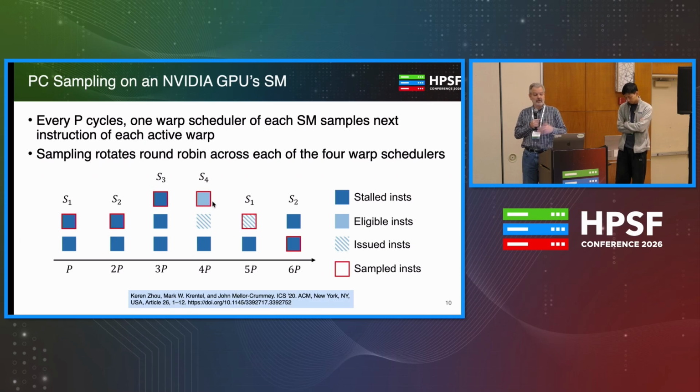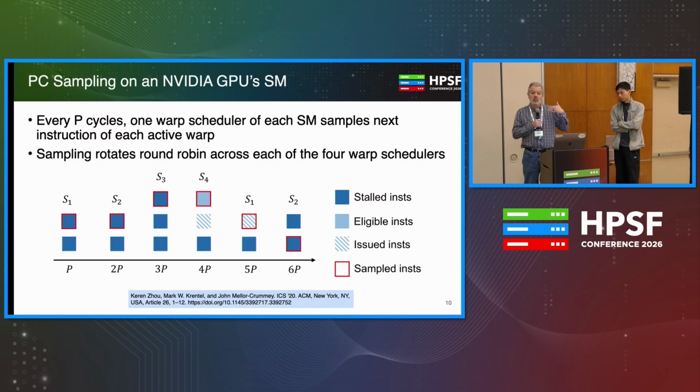The fourth time we sample an instruction, this instruction is ready to run, but it actually wasn't launched because the scheduler launched something else. And that's okay: I have an instruction that was sampled and I can tell it's ready to go, but another one was chosen. And then finally we might sample an instruction that is actually being launched.